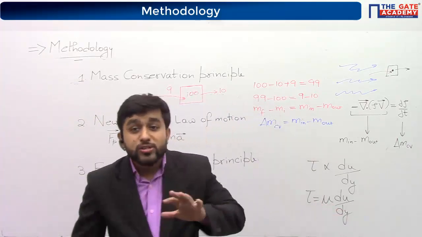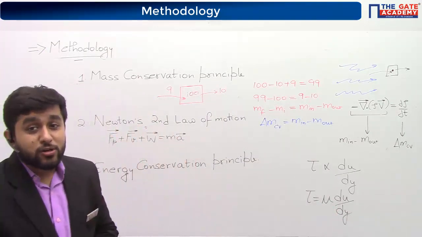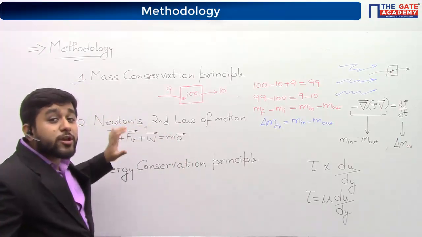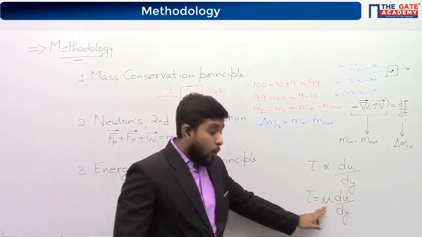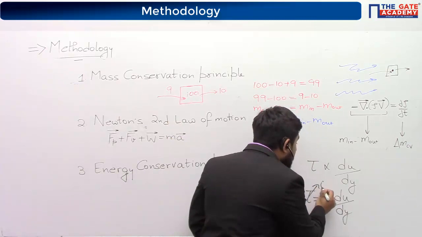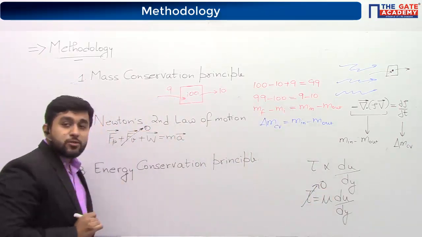But actually no such case is possible. Every fluid is going to have some viscosity. Just to make this equation simple, we assume the fluid is ideal. So whatever the value of du by dy, tau is going to be 0. And if tau is 0, the viscous force will be 0.